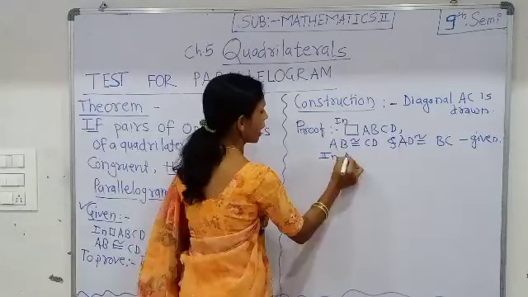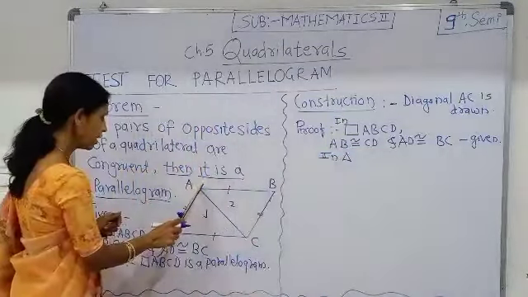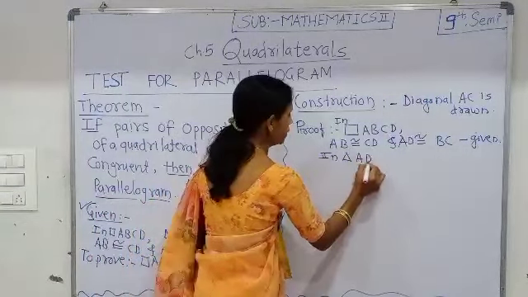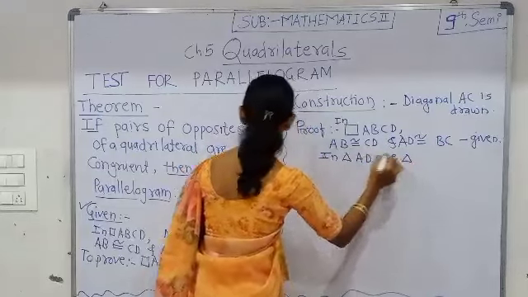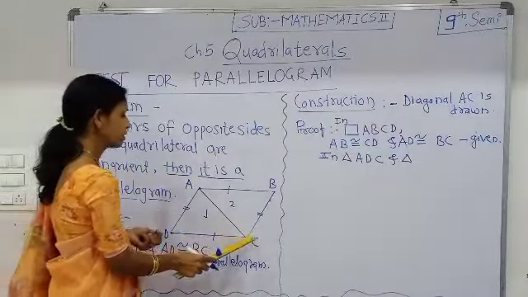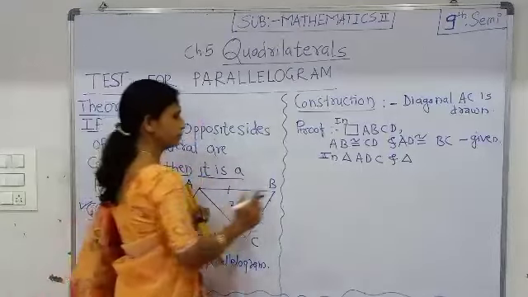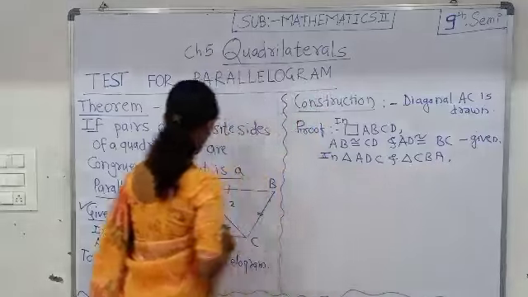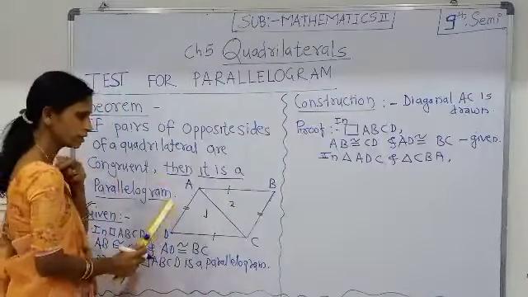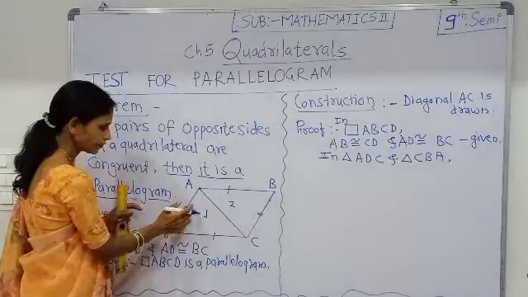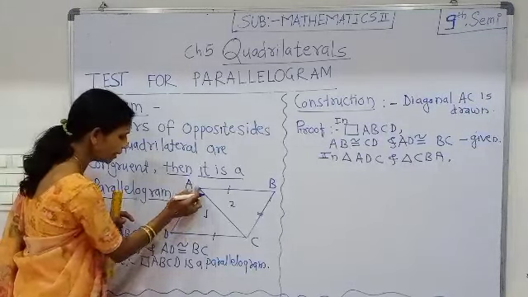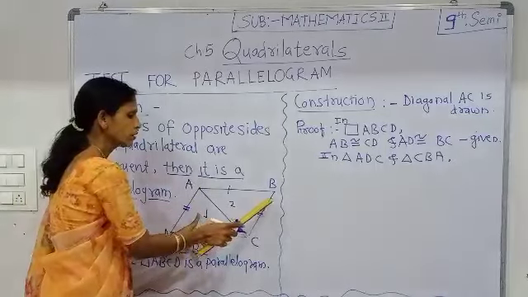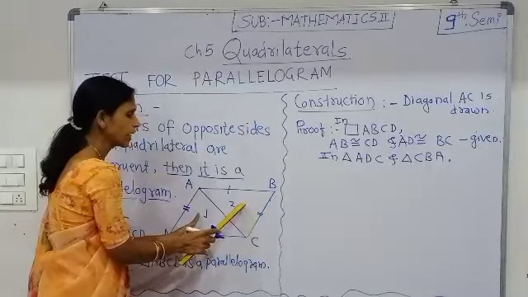Therefore, in triangle ADC and triangle CBA, in those two triangles, see here, the side AD of the first triangle is congruent with the side BC of the second triangle.